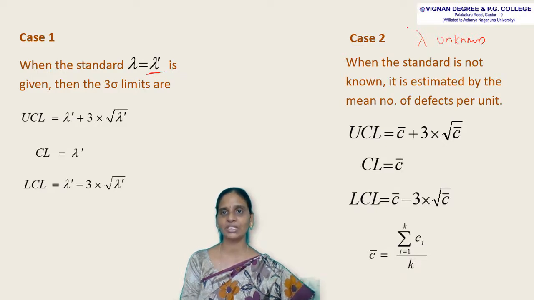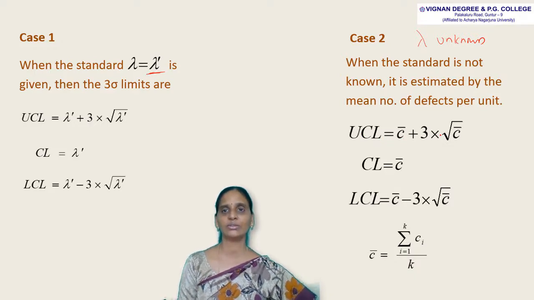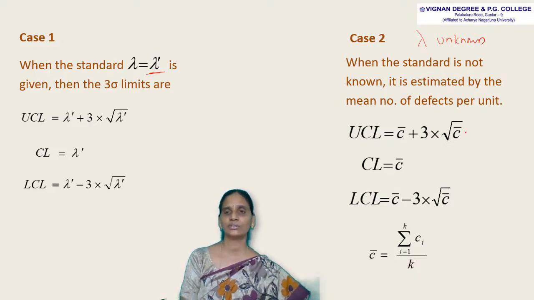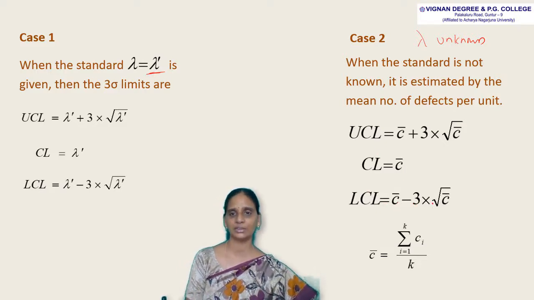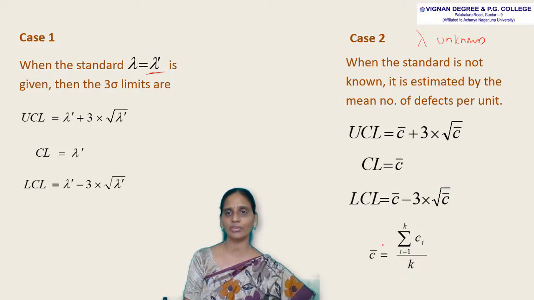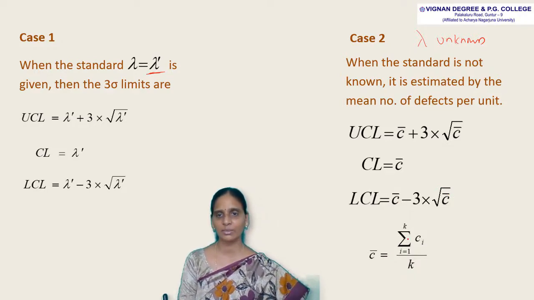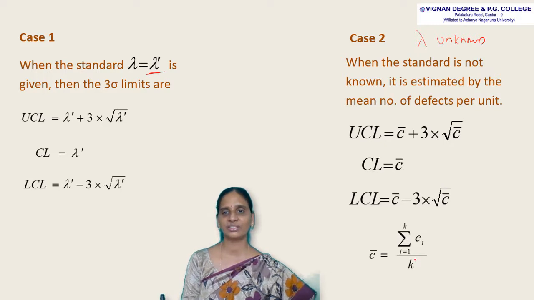So that value is C bar. Then the 3 sigma control limits are UCL is equal to C bar plus 3 into square root of C bar. CL is equal to C bar. LCL is equal to C bar minus 3 into square root of C bar. Where C bar is equal to summation Ci divided by k.